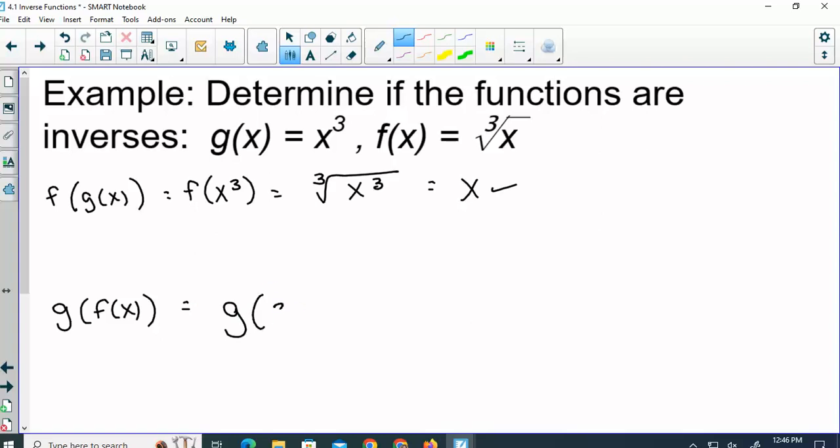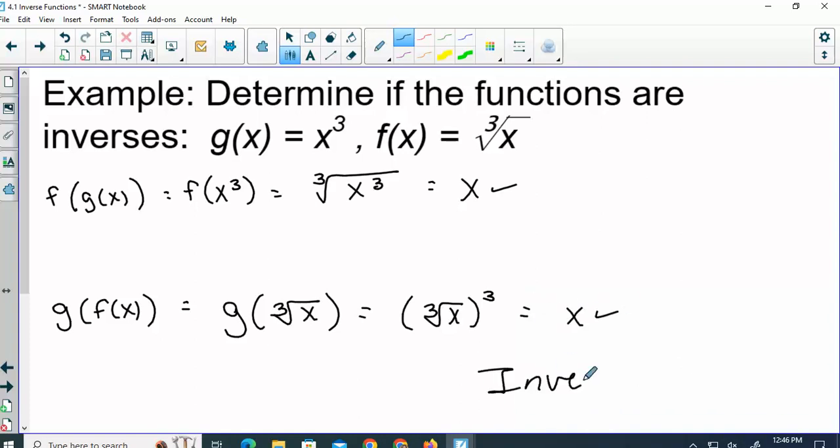So g of the cube root of x. g is whatever we put in cubed. So the cube root of x, cubed, is x. Both of these are x, so they are inverses. We probably could have guessed that anyway, that a cube root and a cube are inverses. But now we have proof.